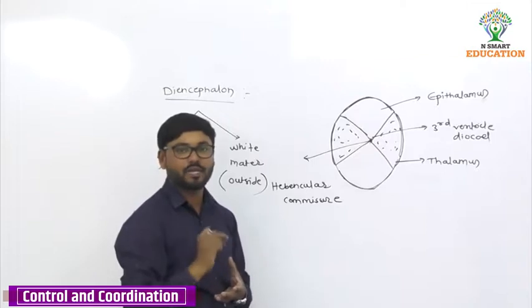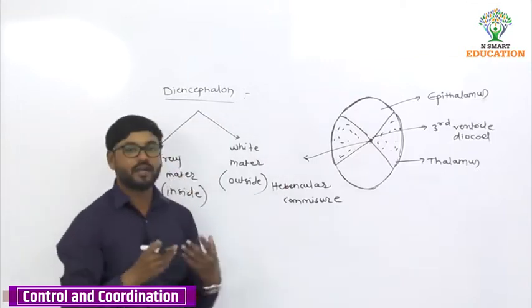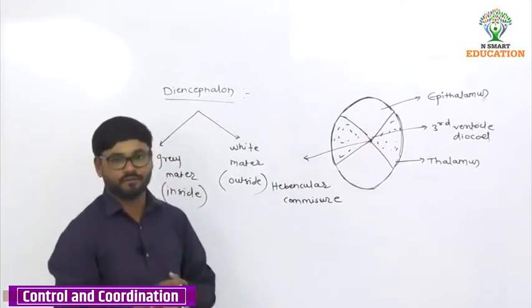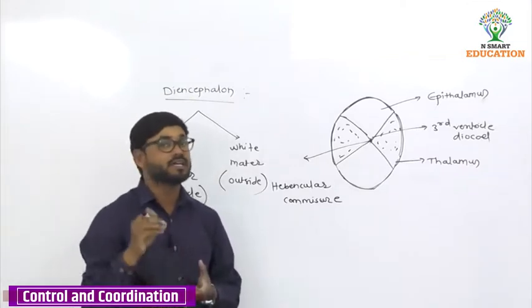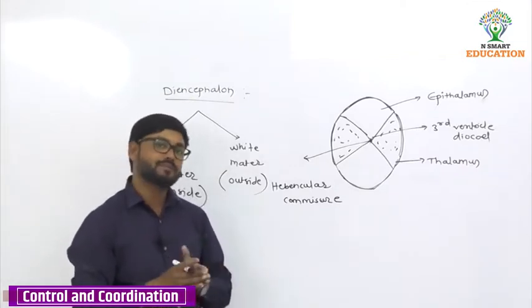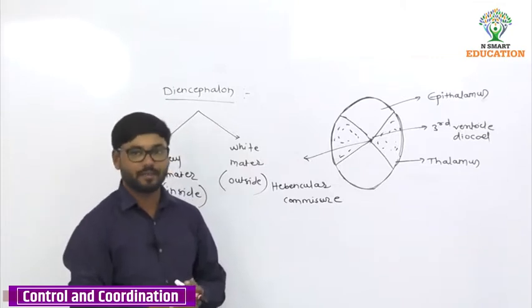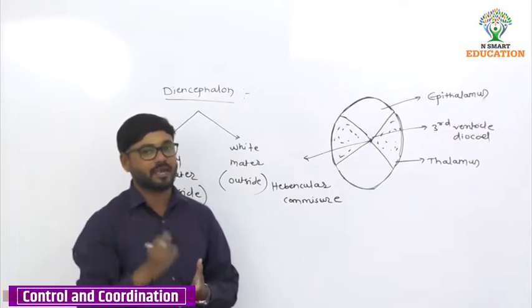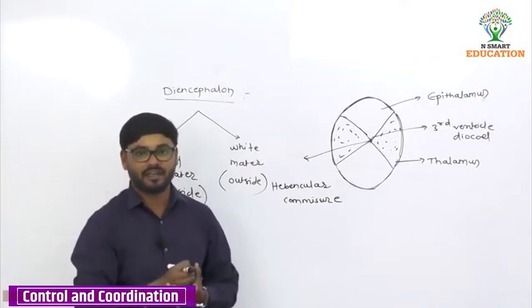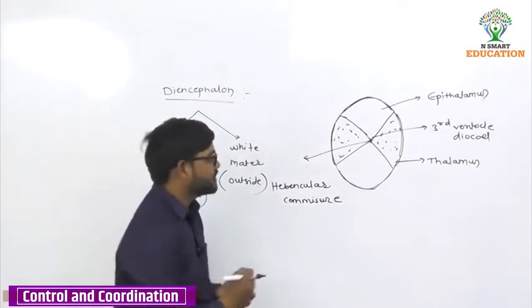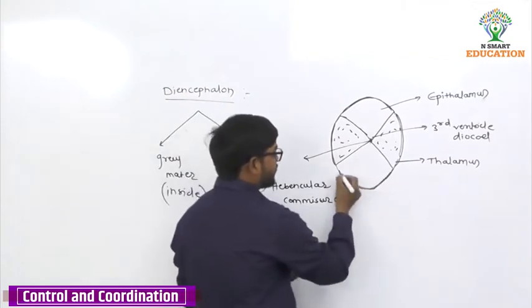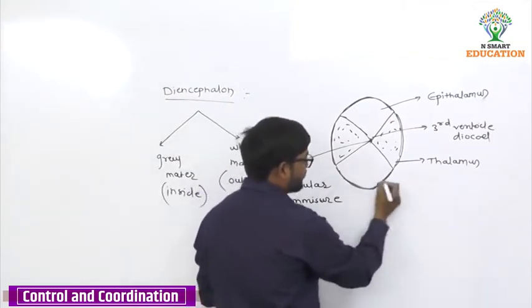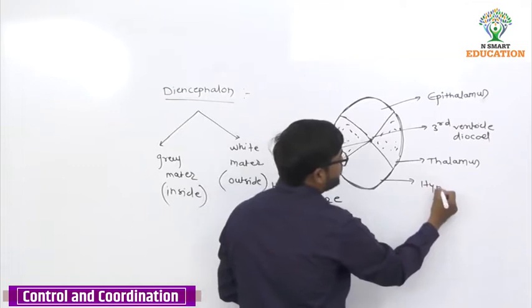Ventricles are spaces having CSF fluid, filled with CSF fluid. Empty spaces in the brain are called ventricles, and in the spinal cord the central canal. So there are 2 terminologies, and this portion is also one cavity, or a roof of the cavity. This is called the hypo.